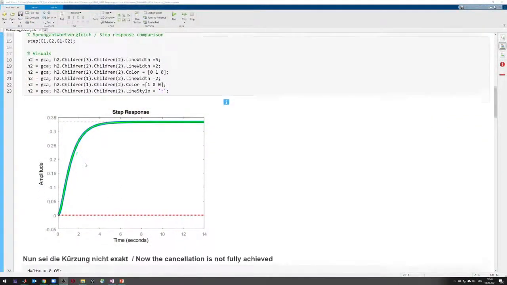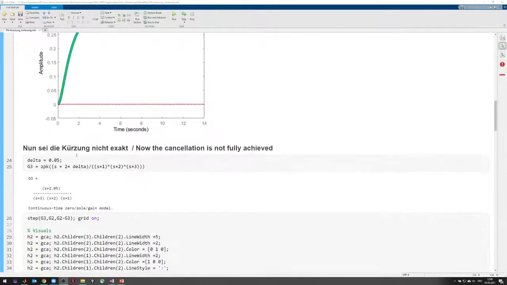Now let's assume the cancellation in reality is not exact. So let's assume this zero here in reality is just a little bit off that pole. We have a pole at -2 and a zero at -2.05.